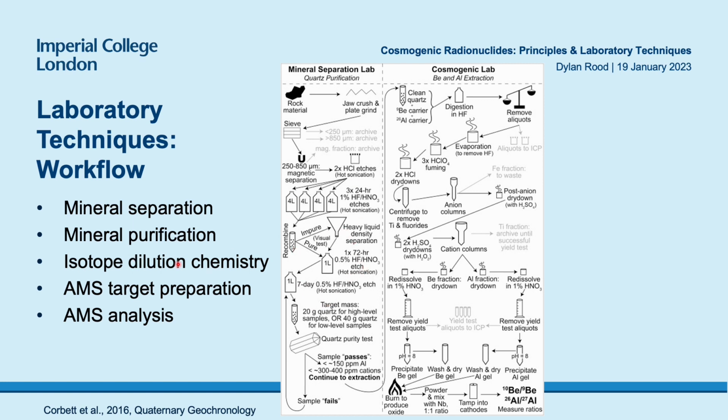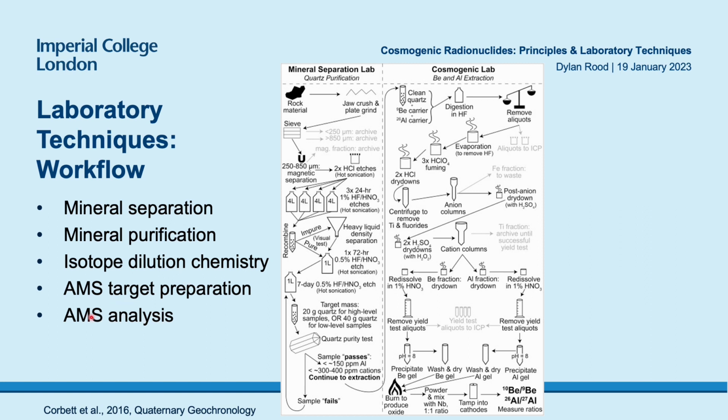We then do isotope dilution chemistry, whereby we take a certain amount of mass of quartz and dissolve it in the presence of a certain amount of a carrier that we add, and then we purify out either the beryllium or the aluminum from that solution through a succession of chemistry methods. We then take that element, prepare it for accelerator mass spectrometry, and analyze it.